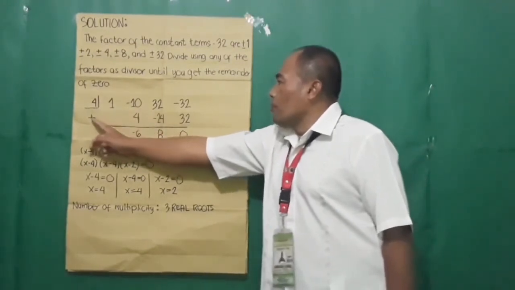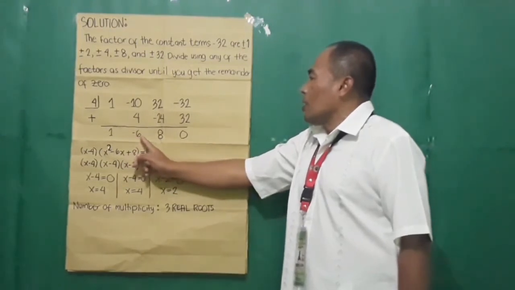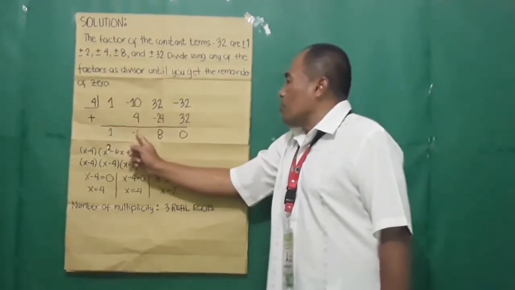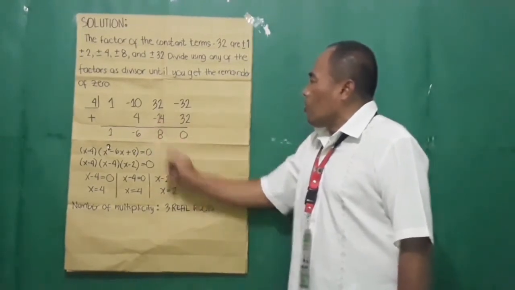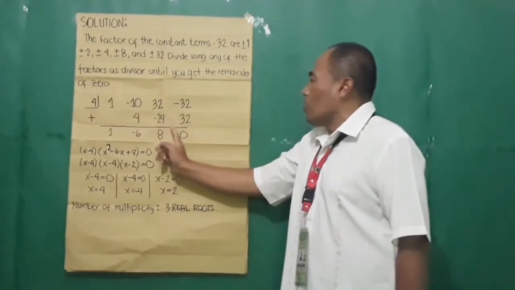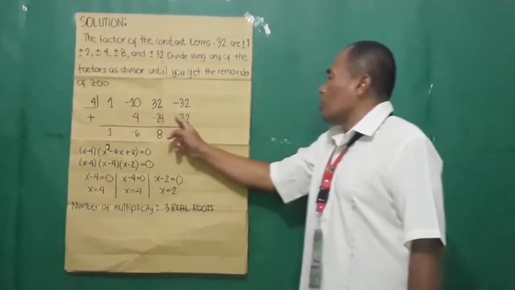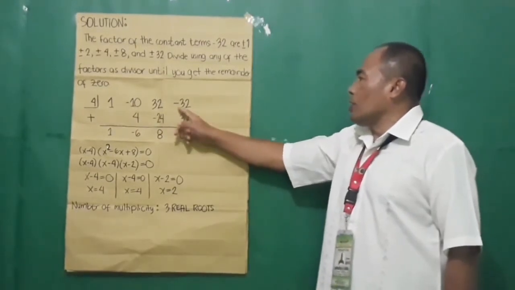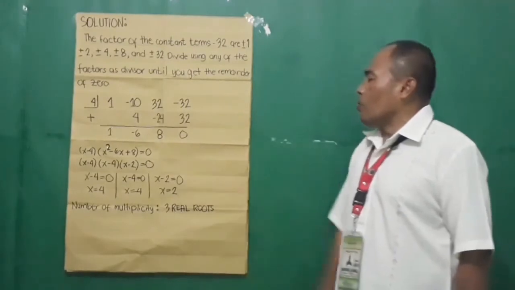Negative 10 plus 4 is negative 6. 4 times negative 6 is negative 24. So 32 plus negative 24 is 8. 8 times 4 is 32. Negative 32 plus 32 equals 0.